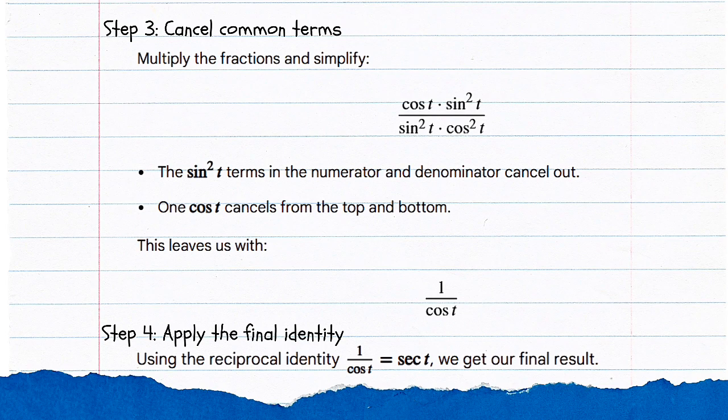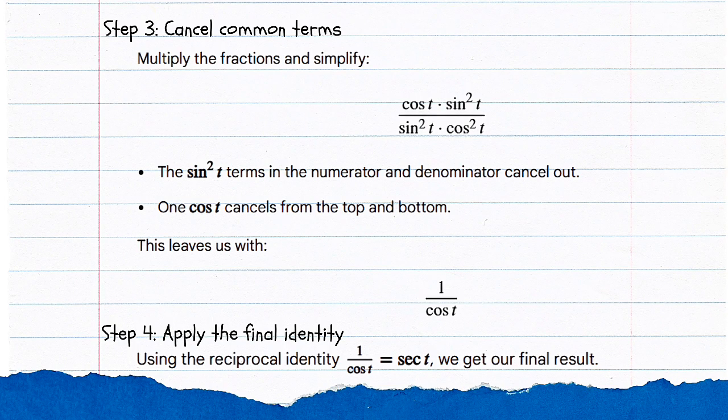Step 3 is to cancel common terms. Multiply the fractions and simplify, which is cosine t times sine squared t over sine squared t times cosine squared t. As you can see, the sine squared t terms in the numerator and denominator can be cancelled out.